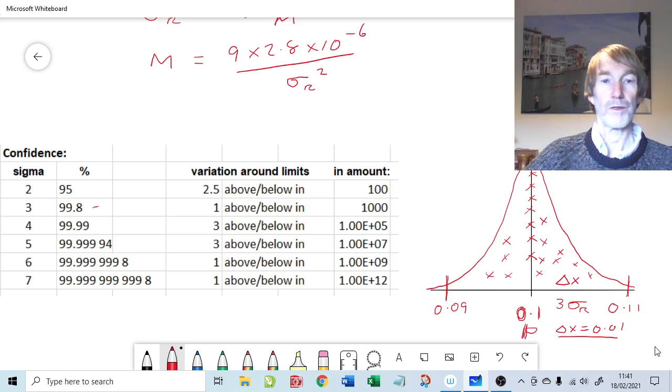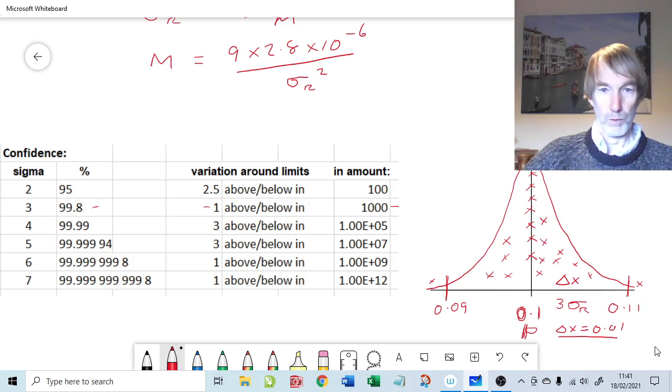In other words, one pill will be above and one pill will be below our limits out of 1,000, because 99.8 multiplied by 10 is 998. So we've got one pill that will be down here, and one pill that will be up here, beyond our limits, which we don't want.